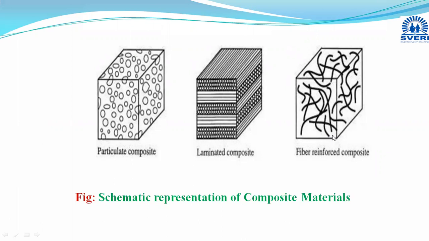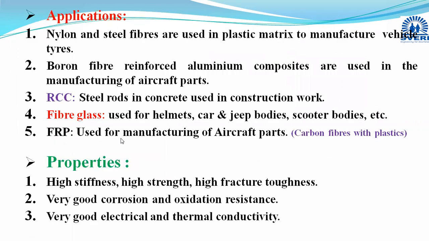Vehicle tires are made from fiber reinforced composite materials only. In the nylon material, we are introducing steel. Or another example, suppose fiberglass or FRP is there, fiber reinforced plastic.